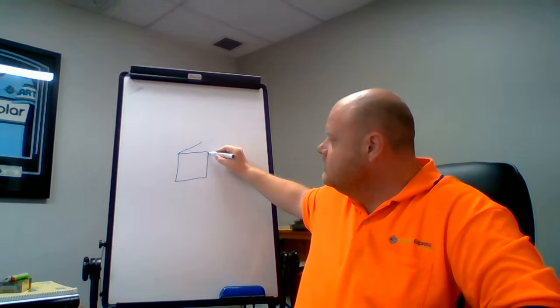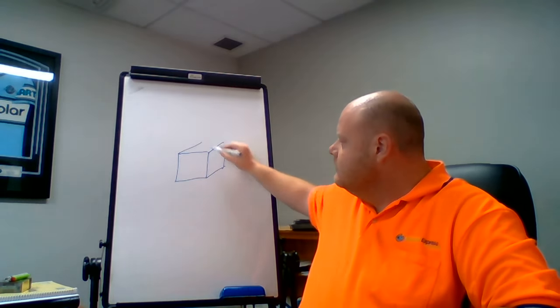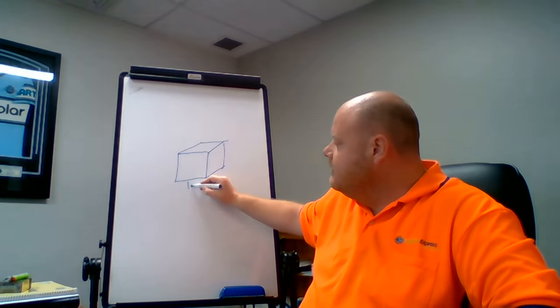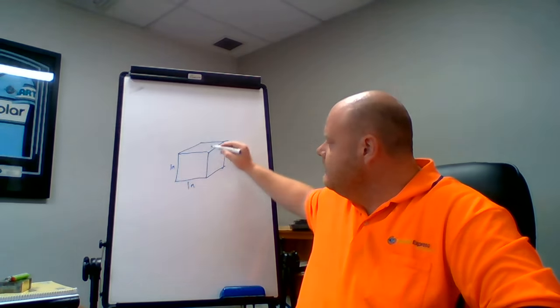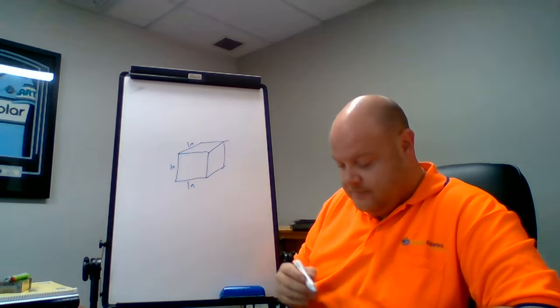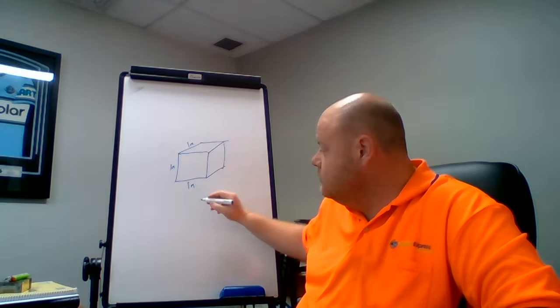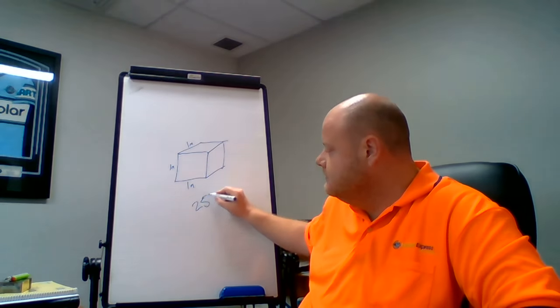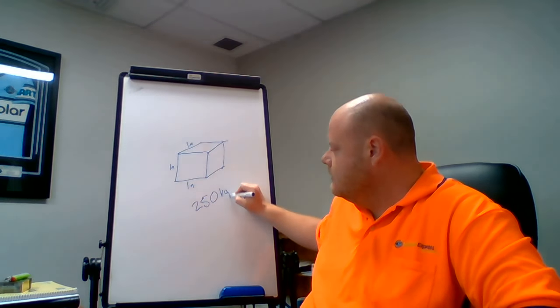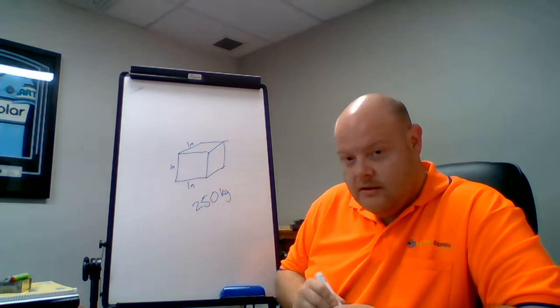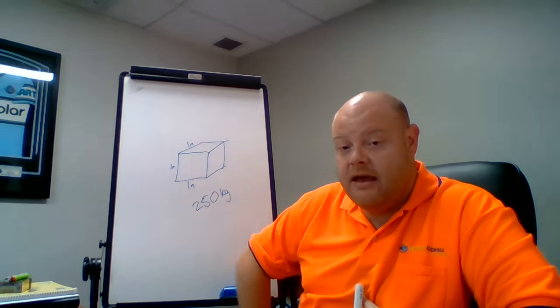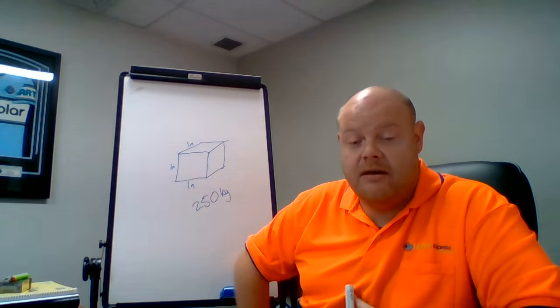So we take our box, which is 1 meter wide, 1 meter high, and 1 meter deep. We say that that's worth 250 kilos. It doesn't really matter how heavy that box is.